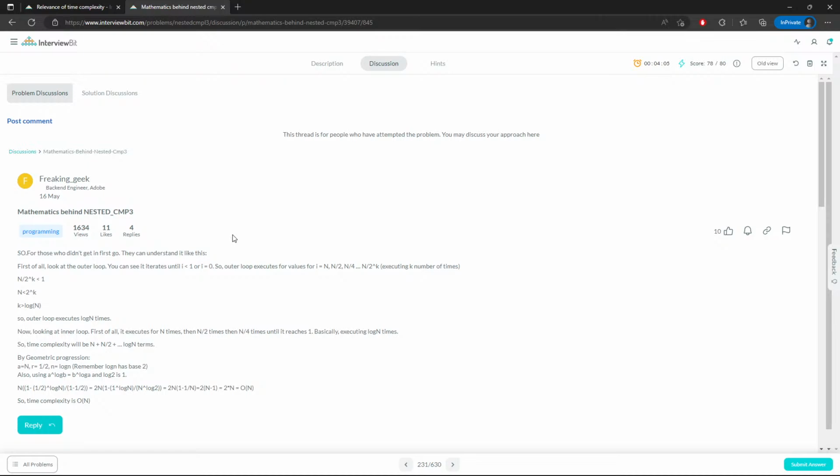So the loop is going to stop when n by 2 power k equals 1. So n equals 2 power k, so k equals log n. Okay, the outer loop executes for log n times. What about the inner?